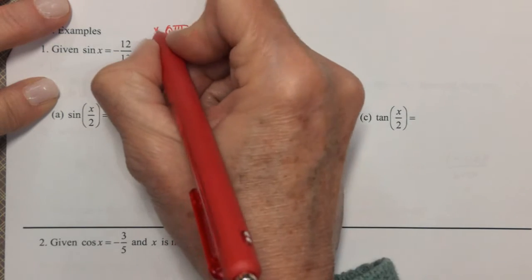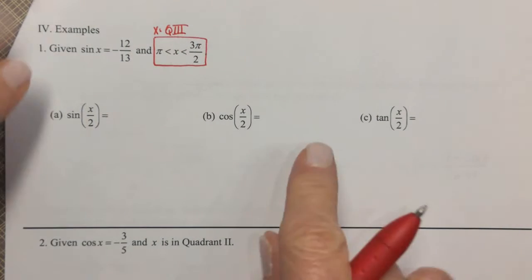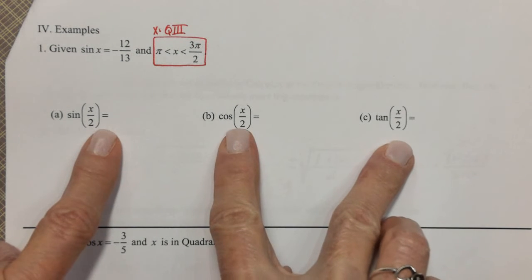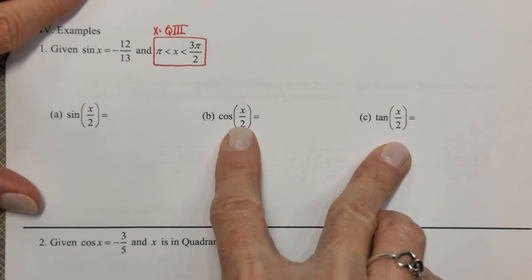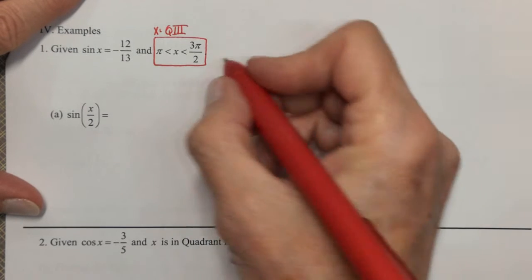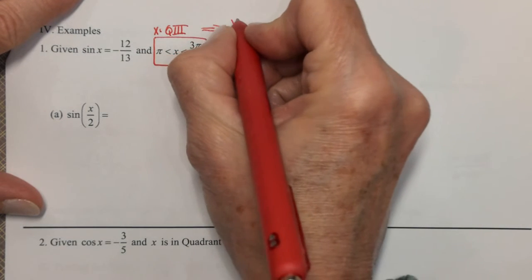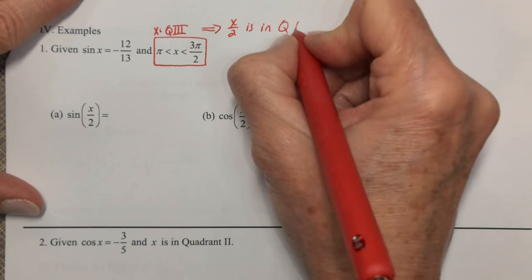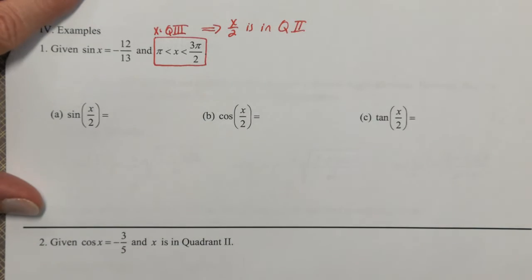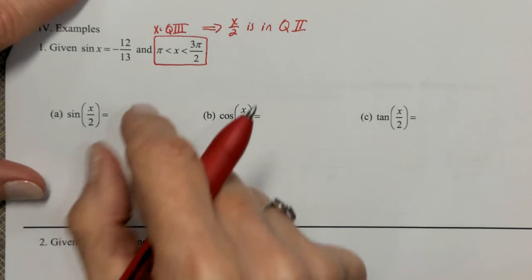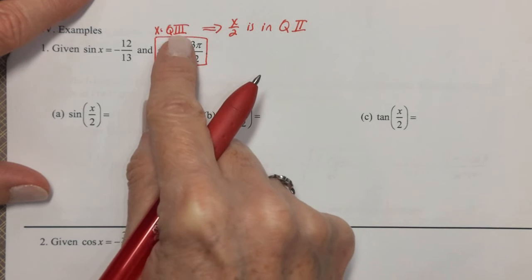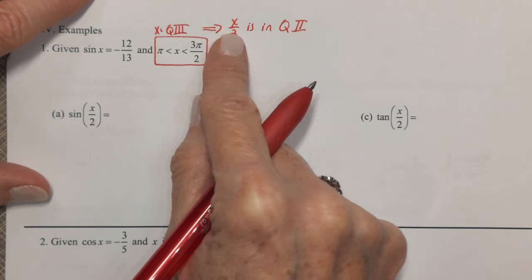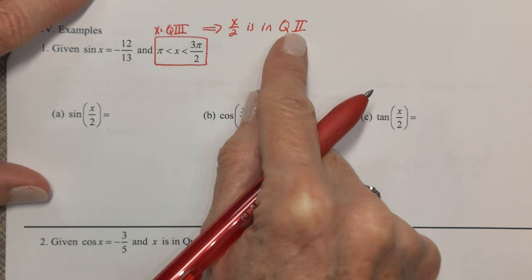We're looking for x over 2's, so we're going to need that quadrant for x over 2. That means that x over 2 is in quadrant 2 from what we just learned.